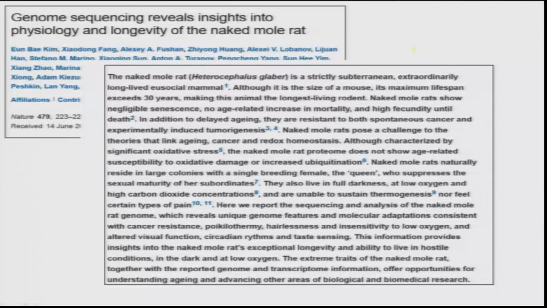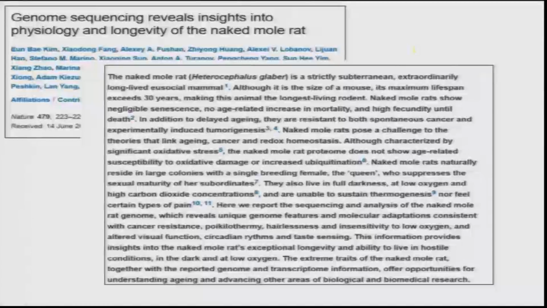They are able to somehow control the bad genes from going on and inducing cancer, even if you experimentally induce it. These rats pose a challenge to theories of aging, because we normally say aging is inbuilt in your genome. You age because the system wants you to die. You have done your job of reproduction. You no longer compete with your offspring. You have done your duty. That is the concept, but this defies those theories.